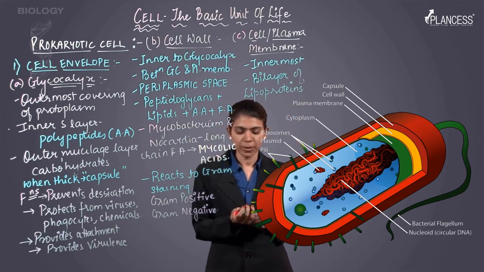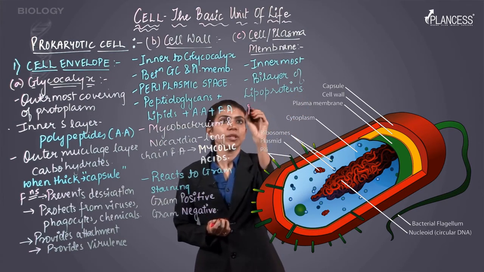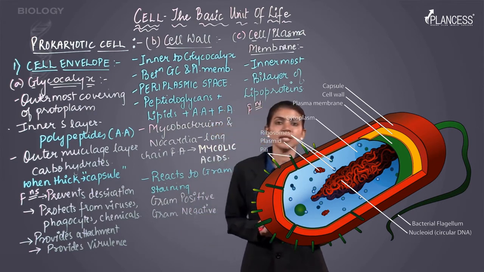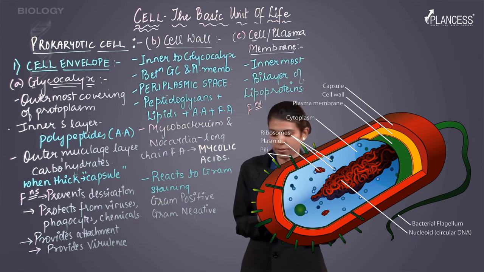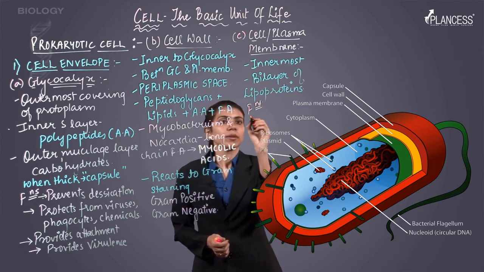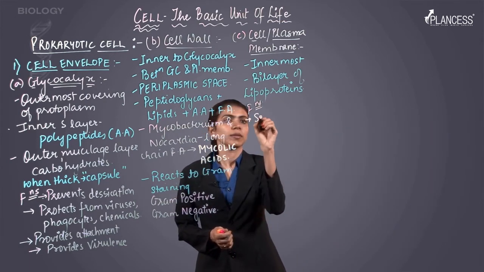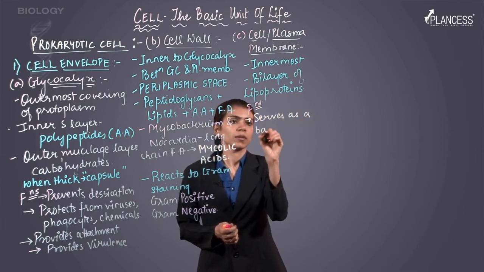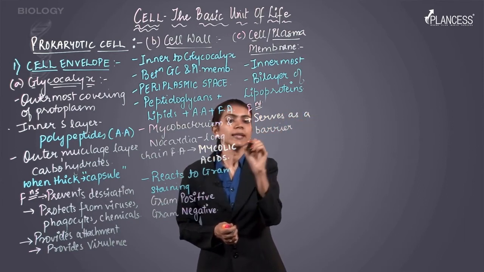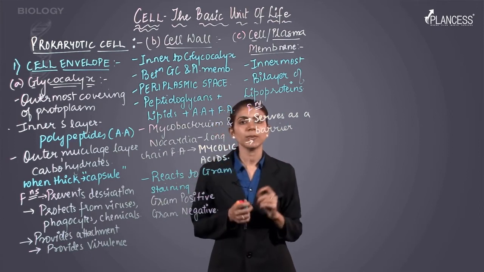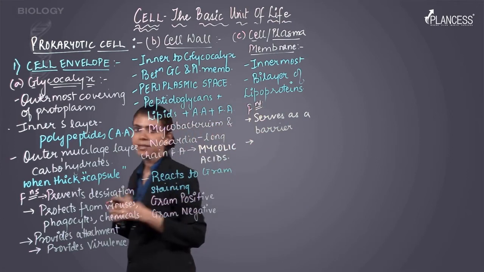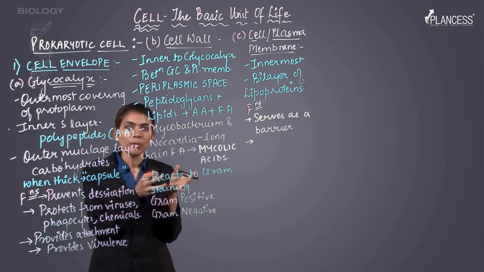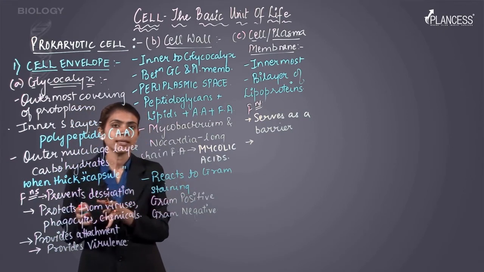Coming to the functions of plasma membrane, the plasma membrane is a very important structure. In the functions, first function is that it serves as a barrier. Secondly, it is the cell membrane or the plasma membrane which is separating the bacteria's cell from its internal environment and the external environment.